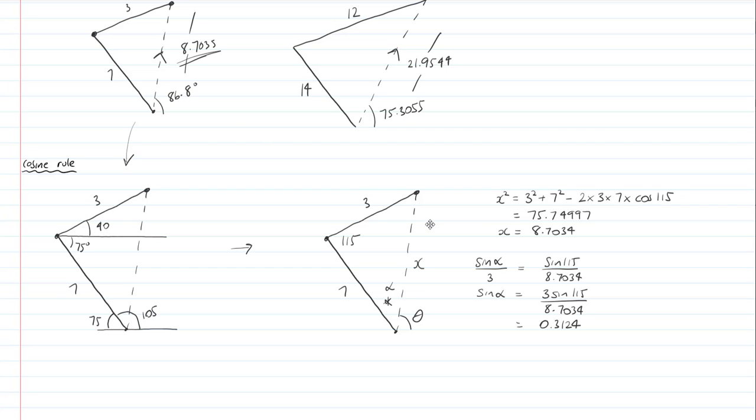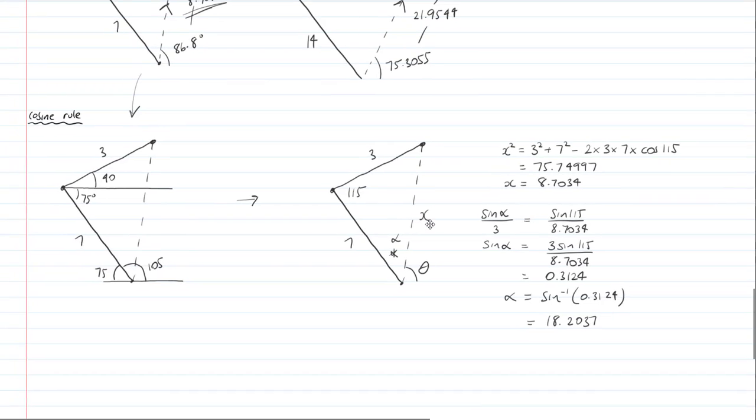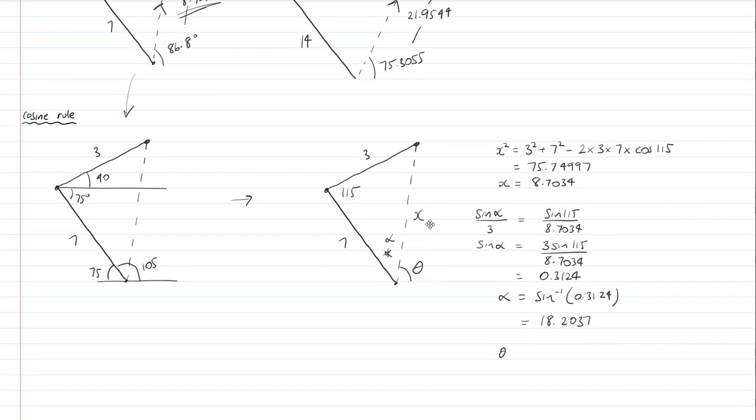So alpha is the sine inverse of that. I've kept my value in my calculator, and I've now got 18.2037 as my value for alpha. Now I subtract that 18.2037 from 105, so theta is equal to 105 minus alpha, which is 86.7963, and that is this value here.